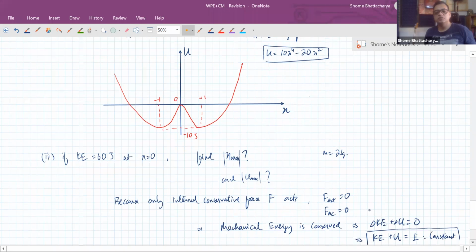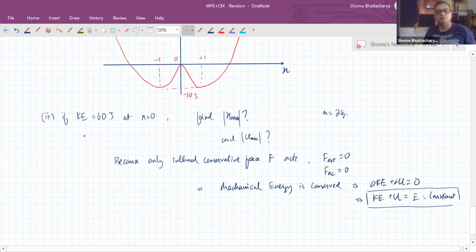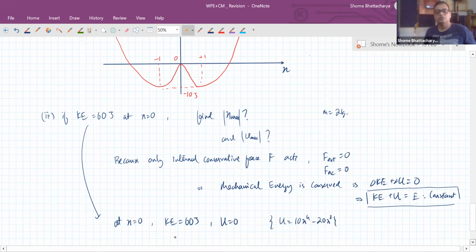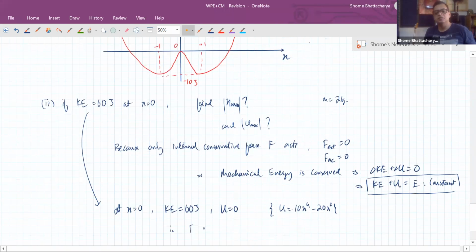Okay. So now we can see from the given information that at x equal to 0, the kinetic energy is 60 joules and the potential energy is 0, because remember the potential energy function was this. So therefore the total mechanical energy is 60 joules.